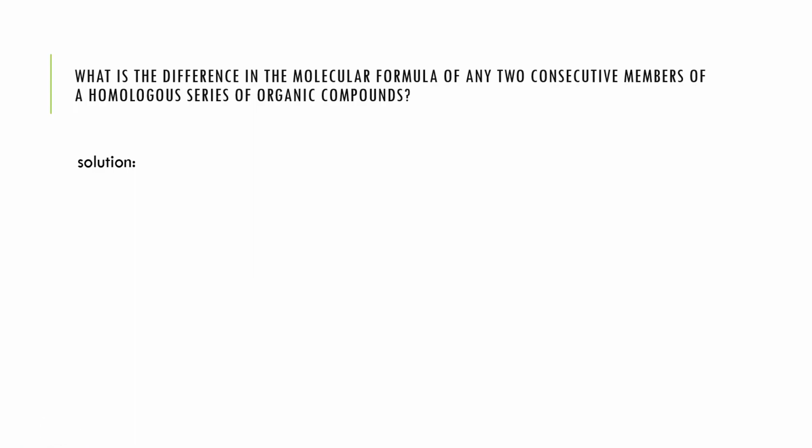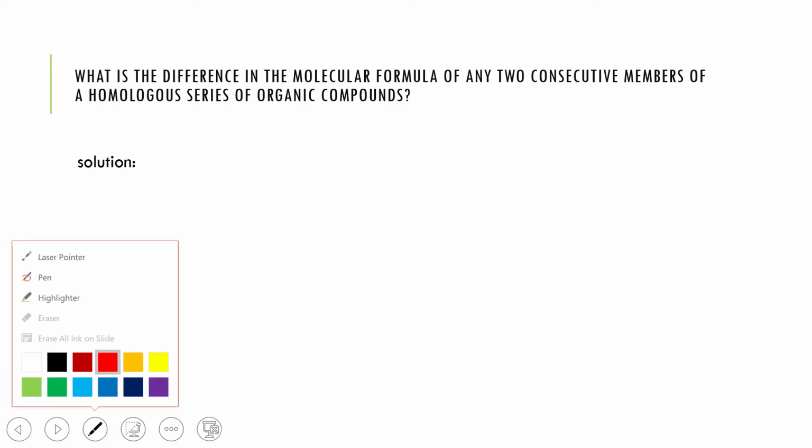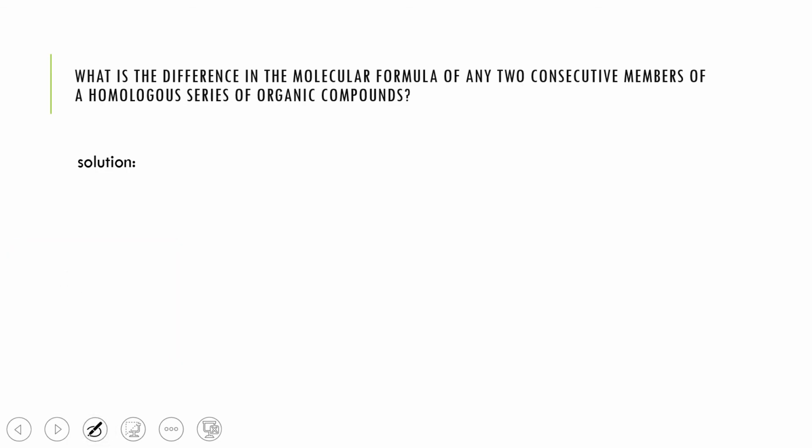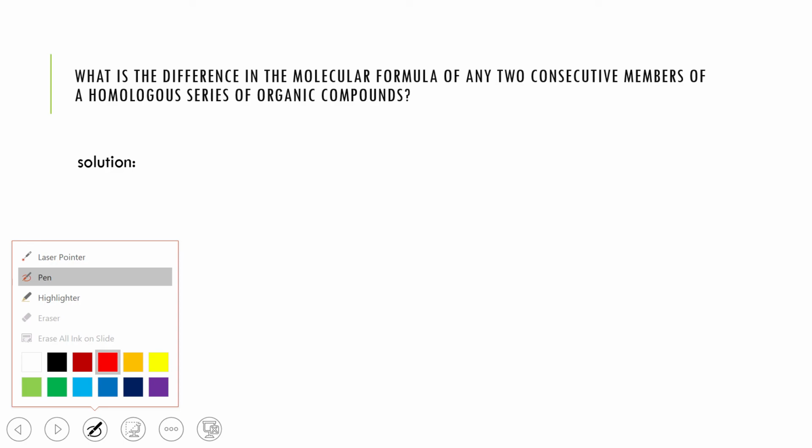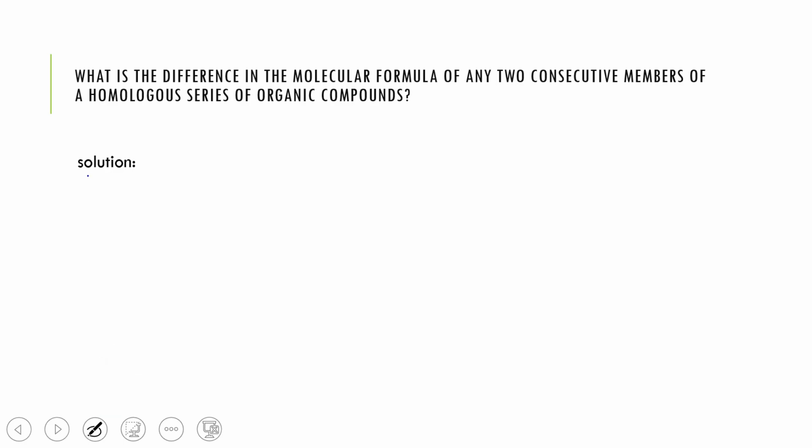So the first question is, what is the difference in a molecular formula of any two consecutive members of a homologous series of organic compounds? So basically, let's see the solution. Let me draw here two homologous of the alkane.